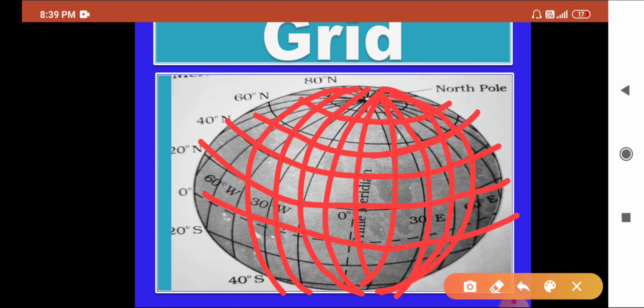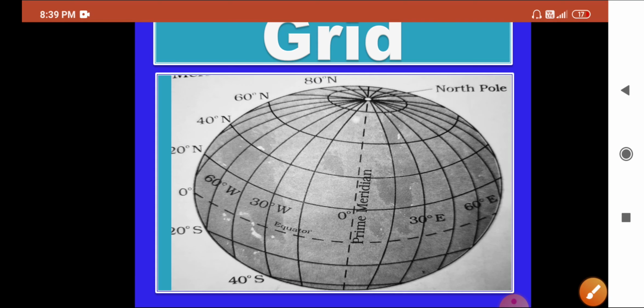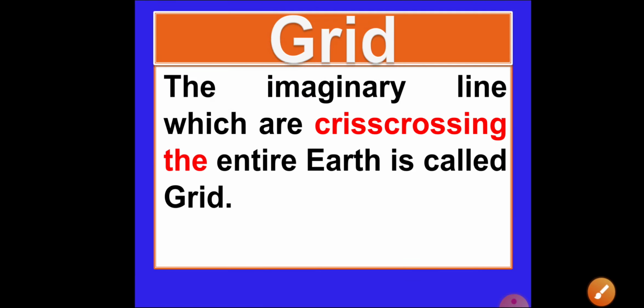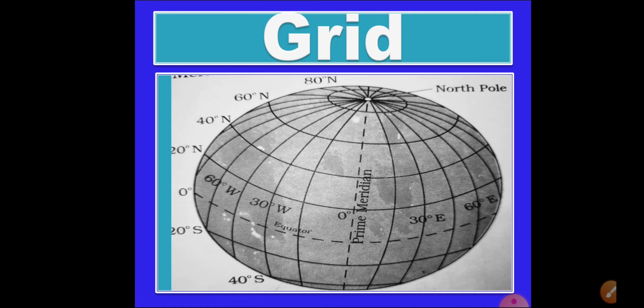So this net, it is called a grid. I hope that this grid point is clear to everybody, that lines which are crisscrossing the entire earth are called grid.